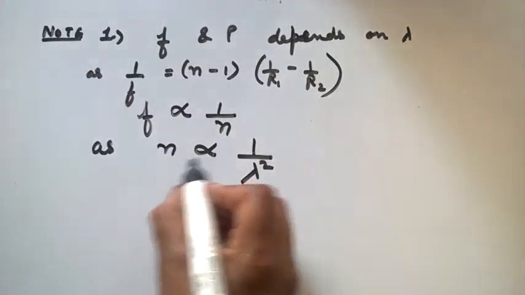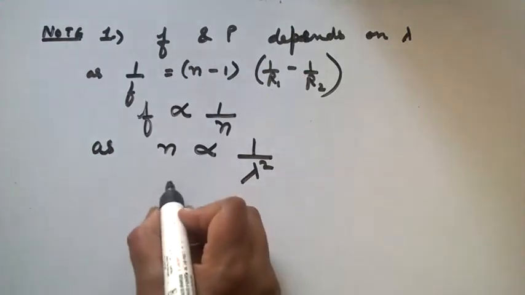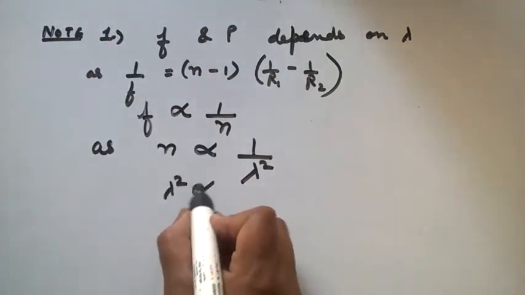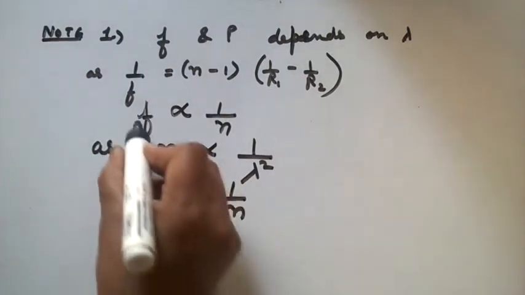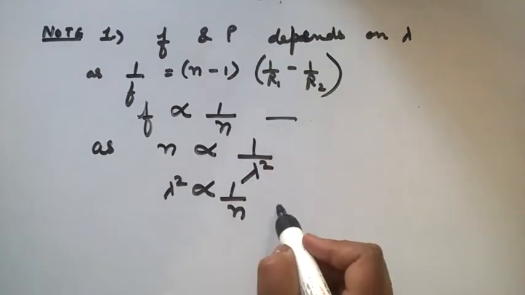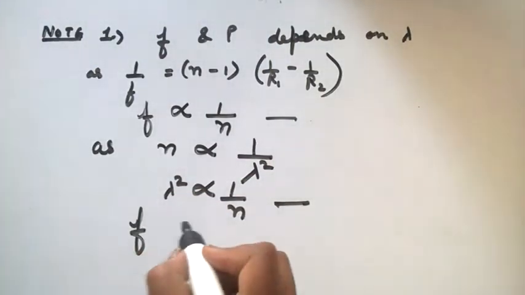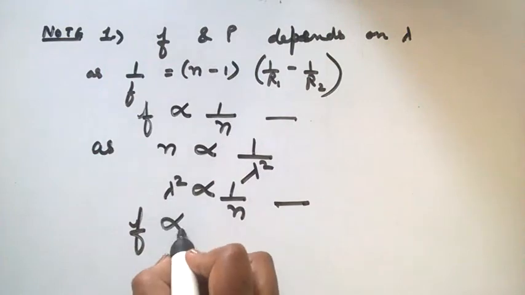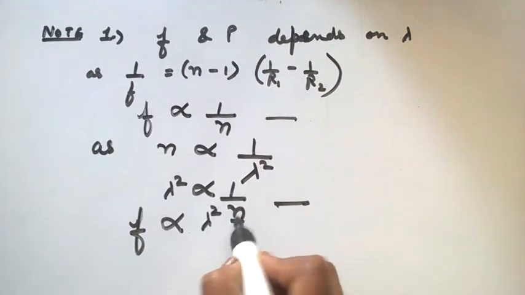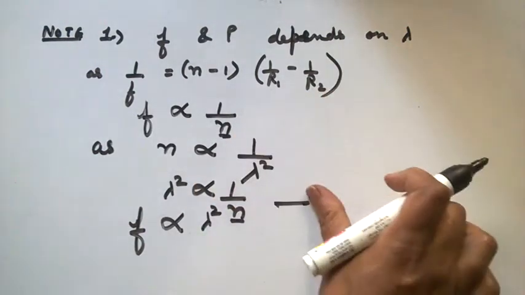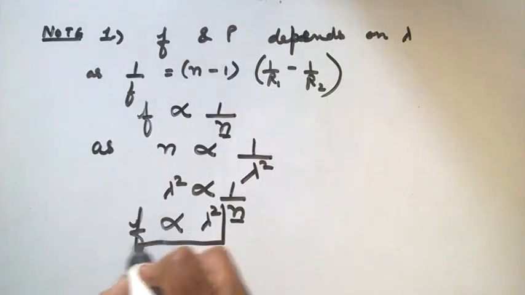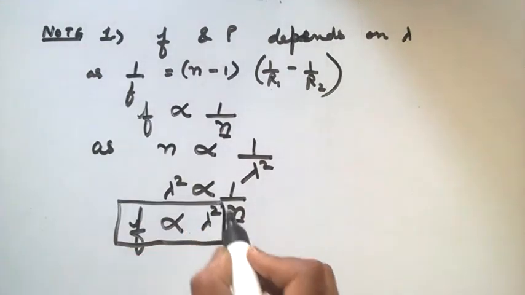So lambda square is directly proportional to 1 by n. By this we can write that f is directly proportional to lambda square. So the focal length is directly proportional to the square of its wavelength.